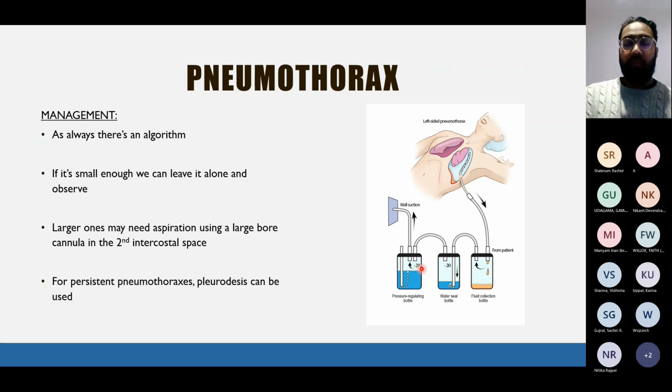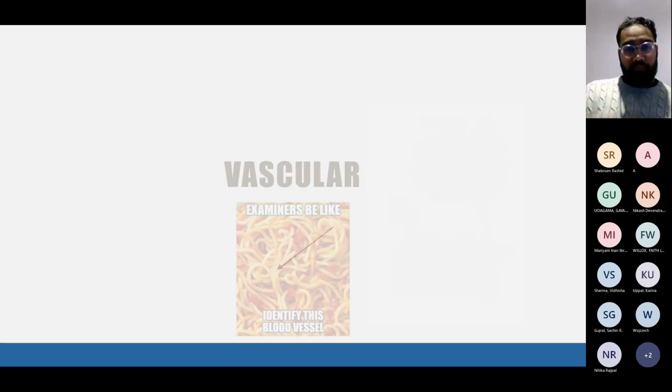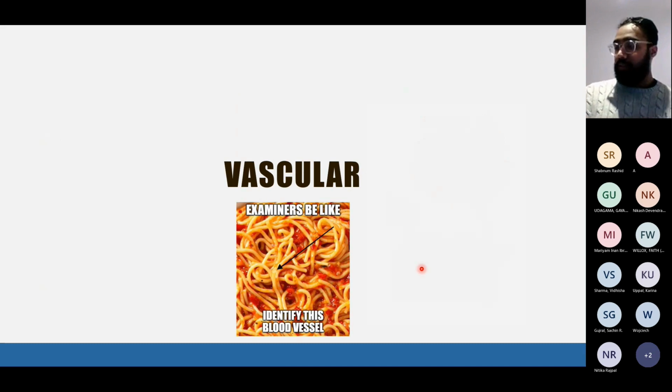So that plus a few other chemicals, they put into the pleural space, and that irritates the pleural membrane so much it causes loads of inflammation, and inflammatory tissue is sticky. So the two pleural membranes become really irritated and inflamed, and they stick together. And because you've made a physical connection, they won't separate again. So you've permanently sealed the pleural cavity. That's what pleurodesis is. So interstitial space done.